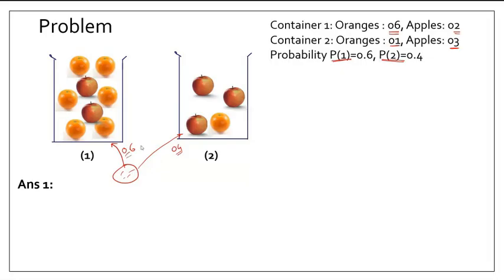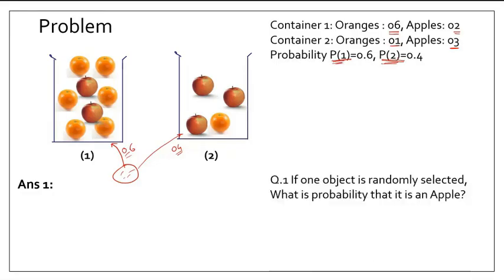Say, for example, he picks 10 times one of the containers, then he chooses container 1 six times and container 2 four times.